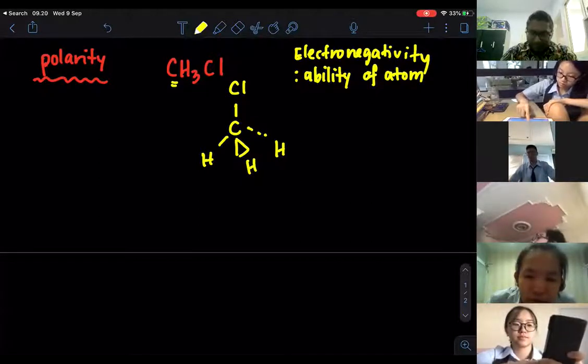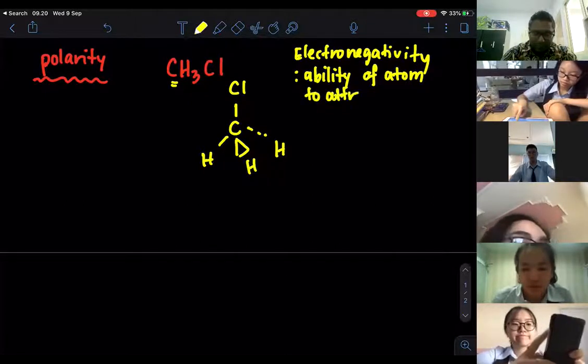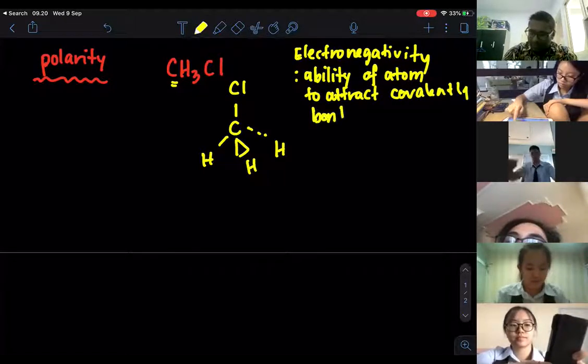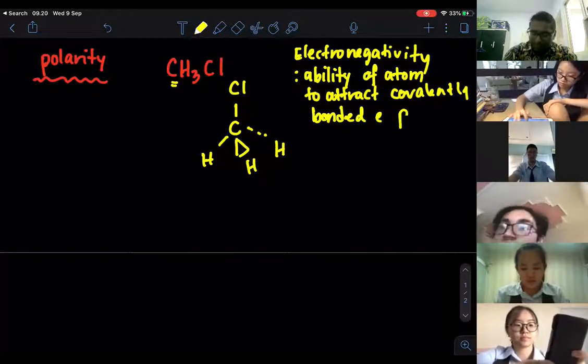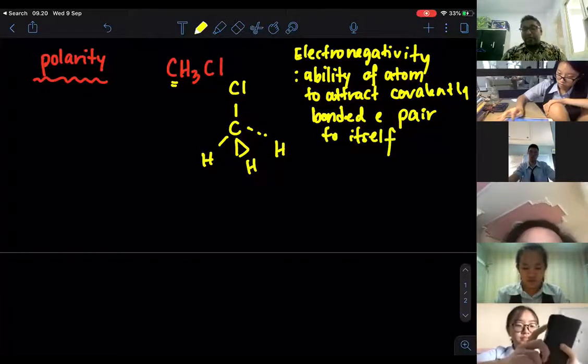Okay, good. It's the ability of an atom to attract the covalently bonded electron pair to itself. I think that is much shorter. So that is going to be electronegativity.